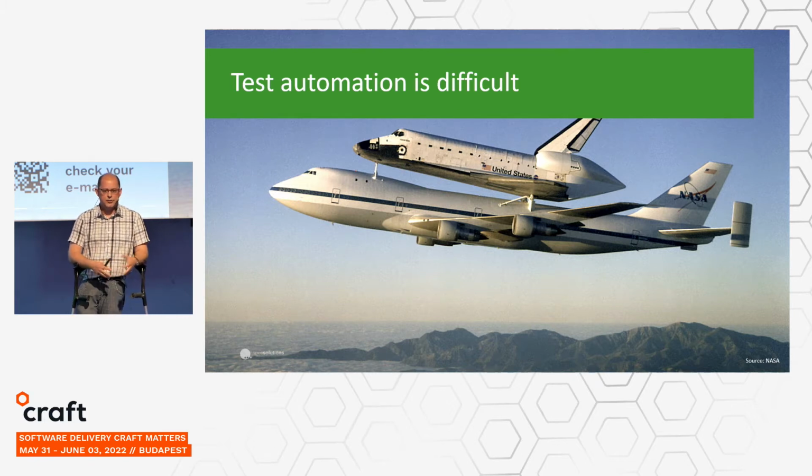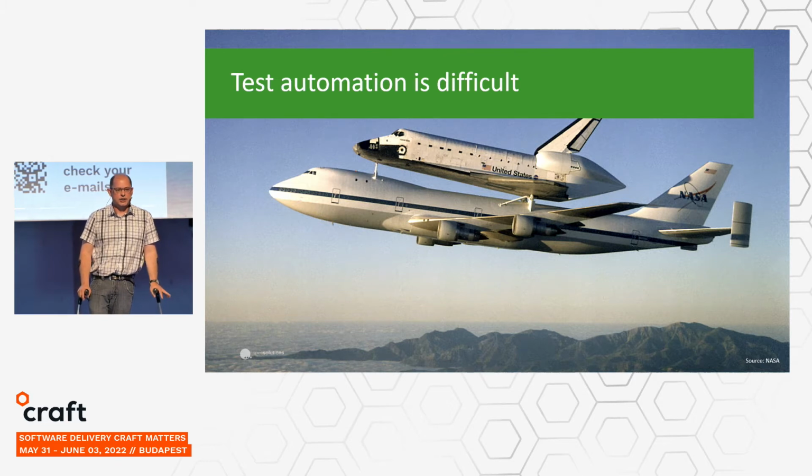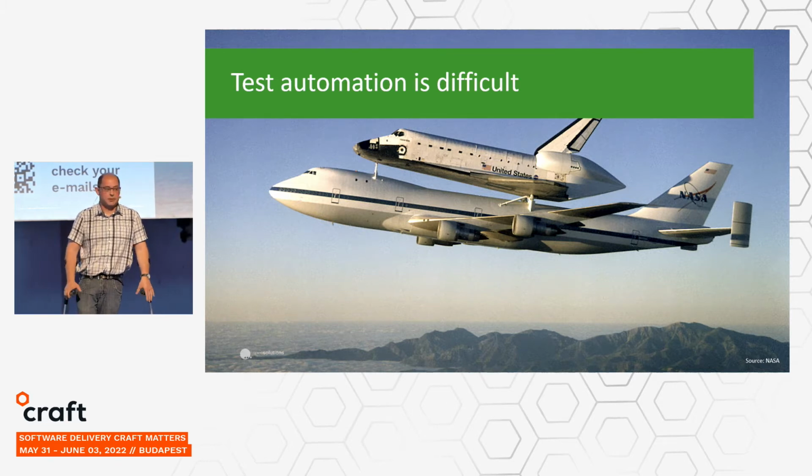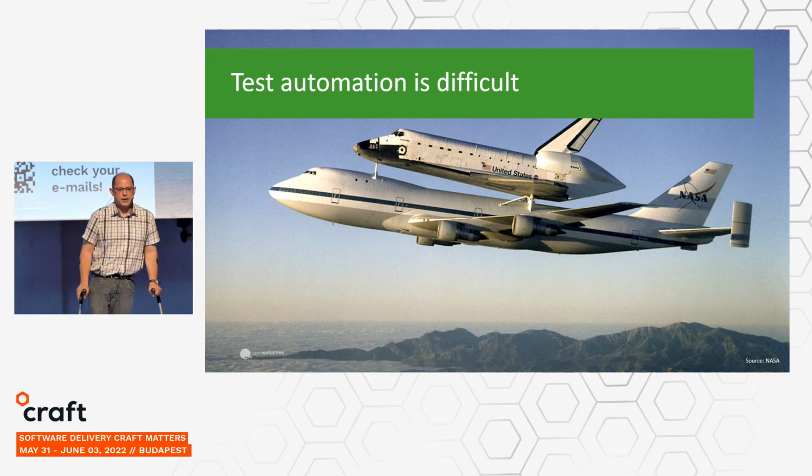When I'm thinking about that, or when I'm talking about that to people, I really like to use this picture. That's one of my favorite pictures. This picture is from 1977, the same time when design patterns were mentioned. And this is about something called the approach and landing test for the Space Shuttle program.